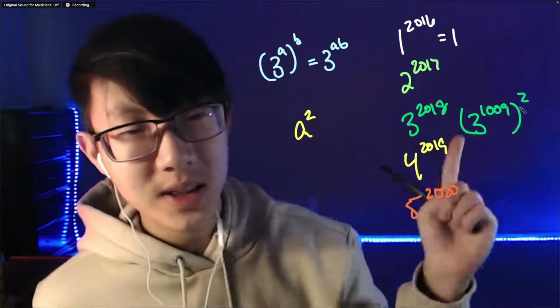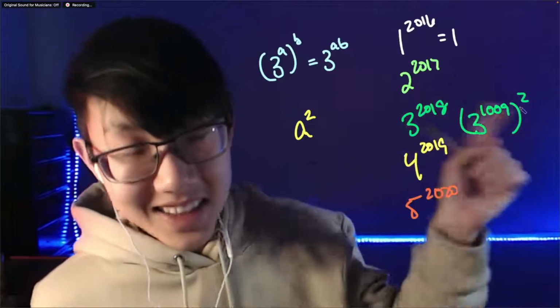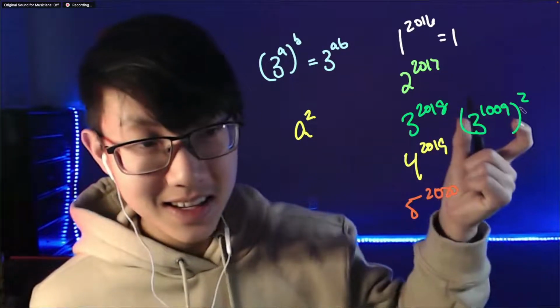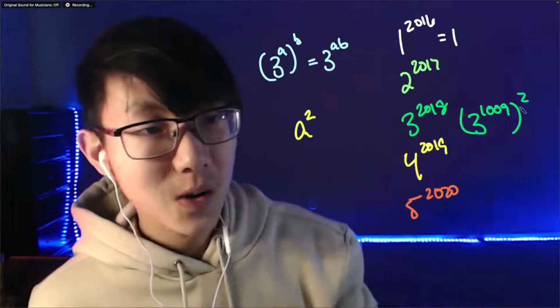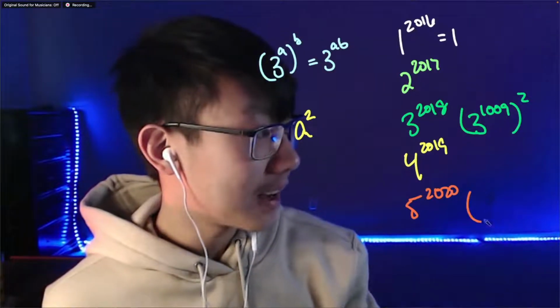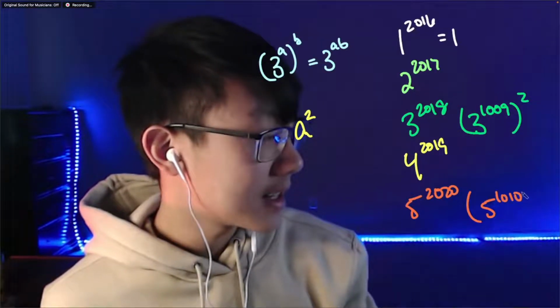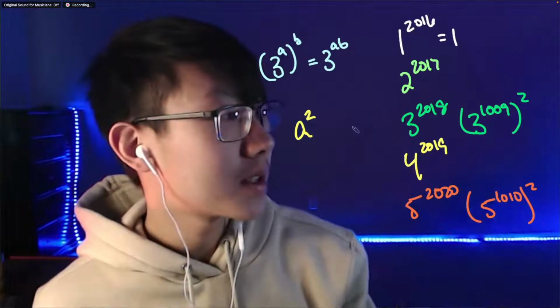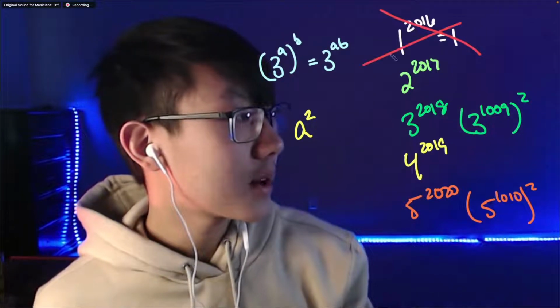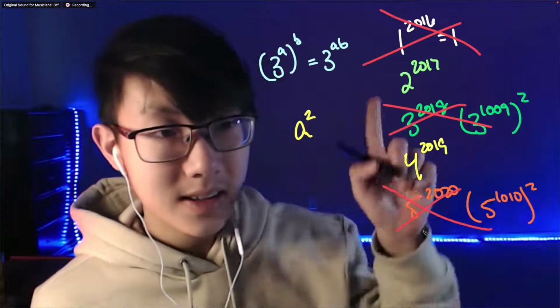So I don't know what 3 to the 1009th is, but the big idea is that this is a square number. It's this thing inside squared, which means I can do the exact same thing for 5. This is 5 to the 1010 squared, which means already that's not a square, that's not a square, that's not a square. We're down to these two.